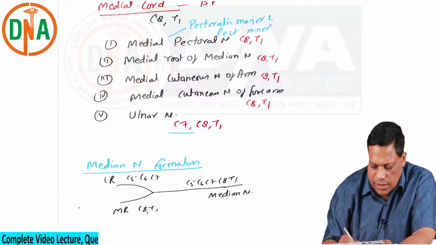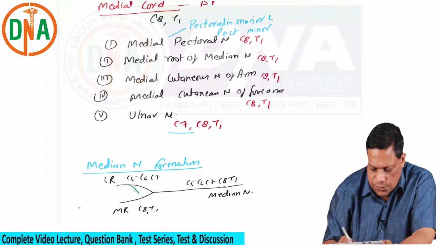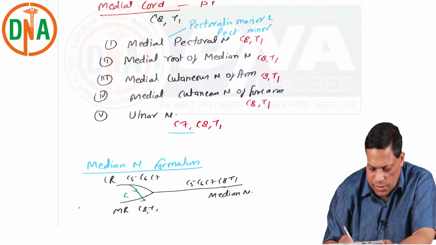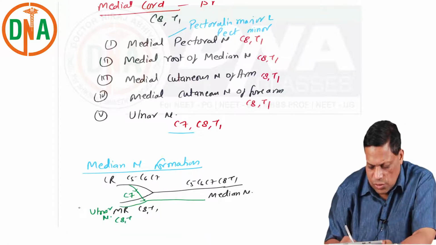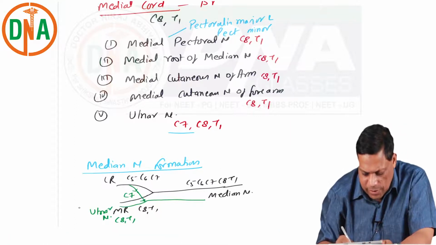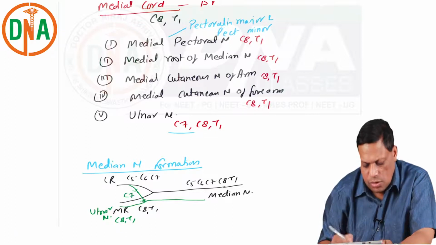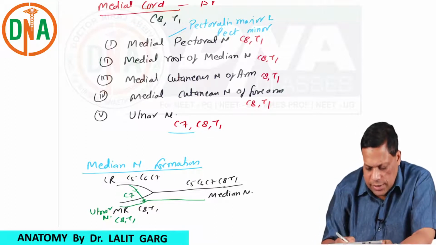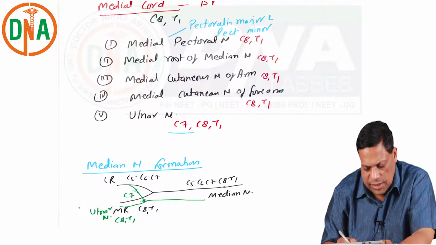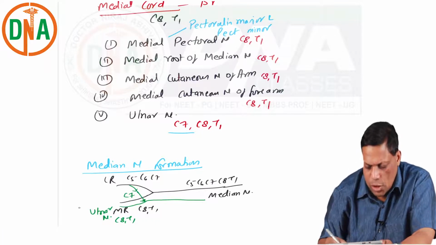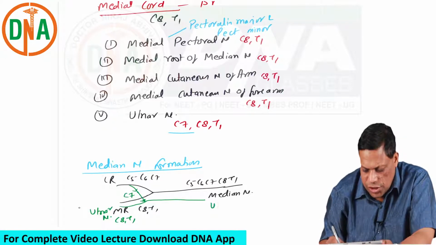This lateral root of median nerve gives a branch which carries fibers C7. This unites with the ulnar nerve, whose root value is C8, T1 because it has arisen from the medial cord. So the final root value of ulnar nerve changes.